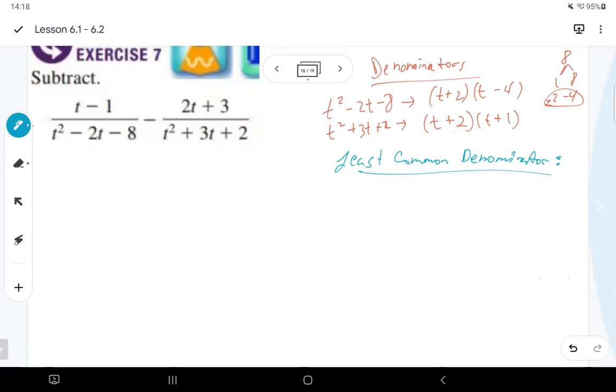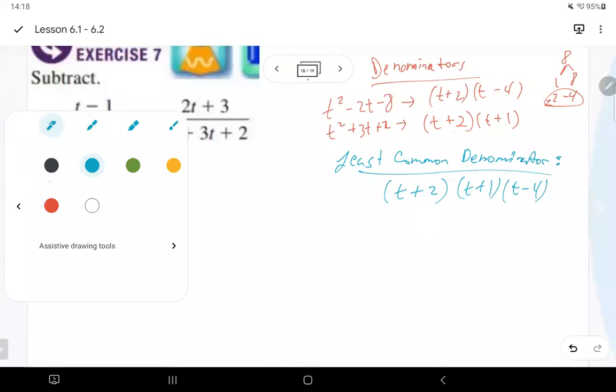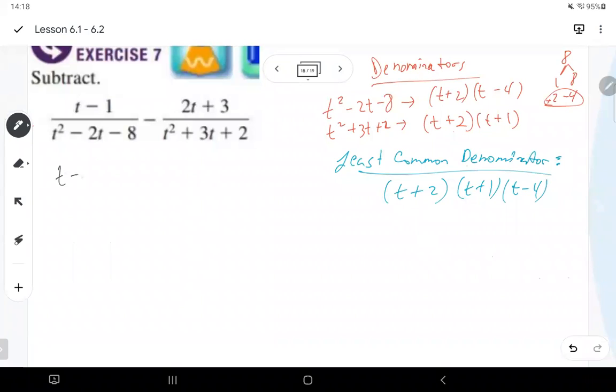If it's listed more than twice, you have to list it a second time. So it's like they're done in pairings. Okay, so here the t plus 2's we have only twice, so we only need it once. T plus 1 and t minus 4. That's our whole LCD. So let's rewrite this as what we're given here.